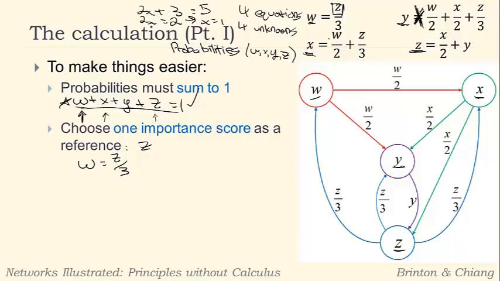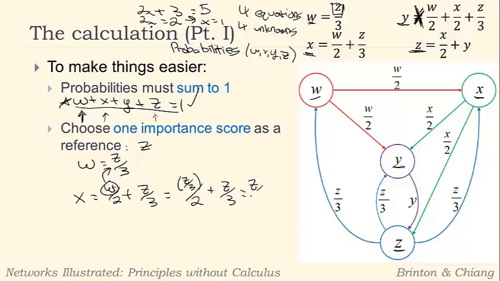So we have x equals w over 2 plus z over 3. Now, we already have w in terms of z, though. We know that w is equal to z over 3. So we can say that x is equal to w over 2 plus z over 3, which is equal to, then on this side, this w term over here is z over 3 divided by 2, plus z over 3 again.